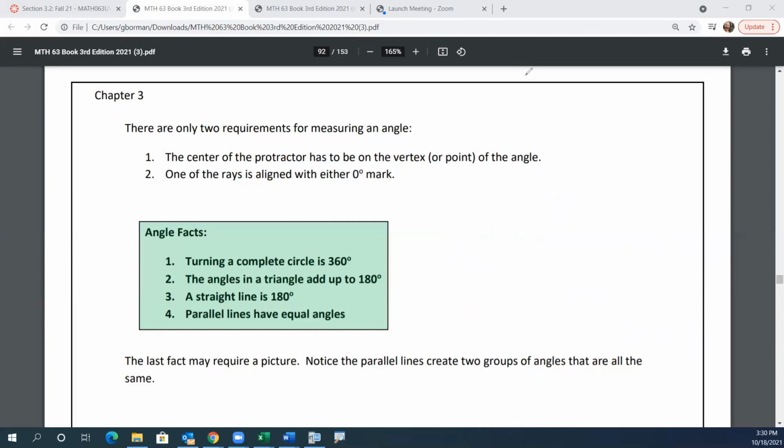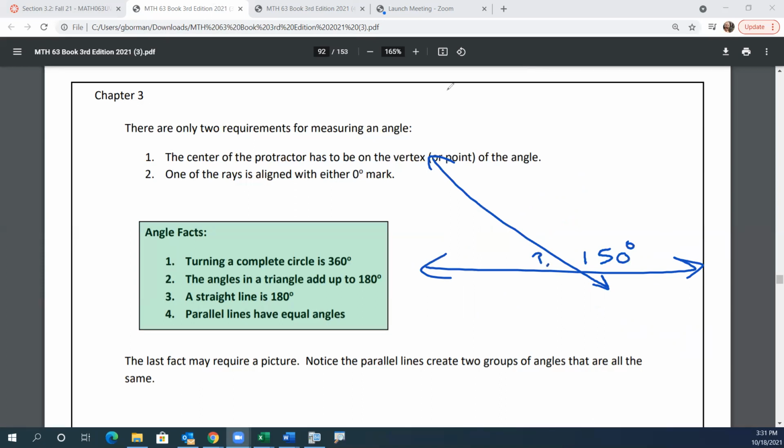Okay, rule number 3, a straight line is a 180-degree angle. So, for example, a place where you might use that, you might say, hey, I've got this 150-degree angle here. So what's this one?